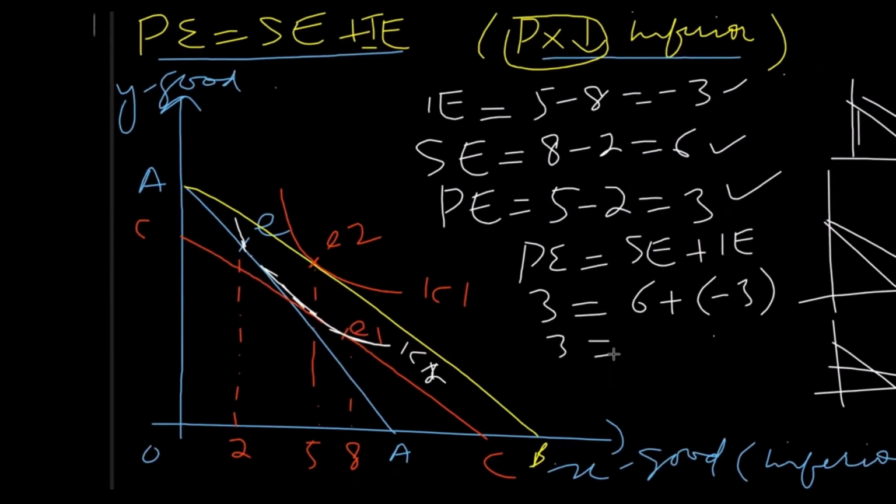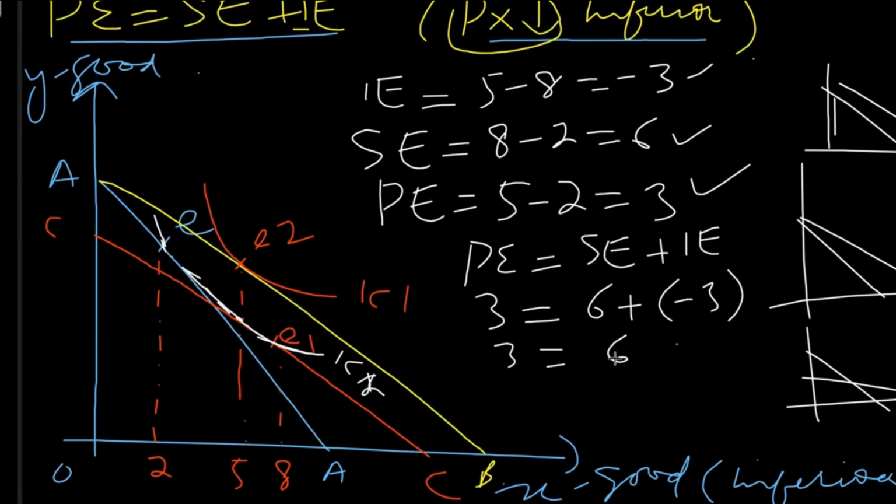So 3 is equal to 6. When we remove this bracket, then the minus sign will make this plus sign negative, so 6 minus 3, so 3 is equal to 3. So we prove that price effect is equal to substitution effect plus income effect in case of inferior goods. Now we can basically flash back to the previous page, and we can see what is the difference between that graph and this graph.